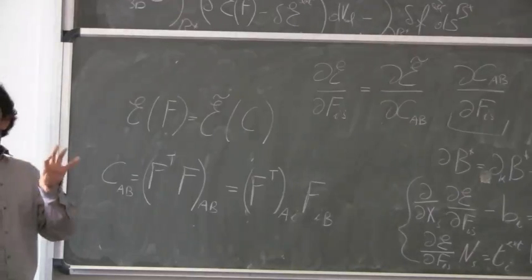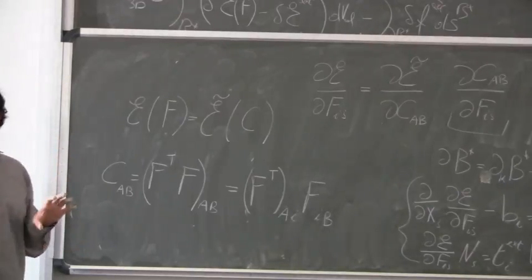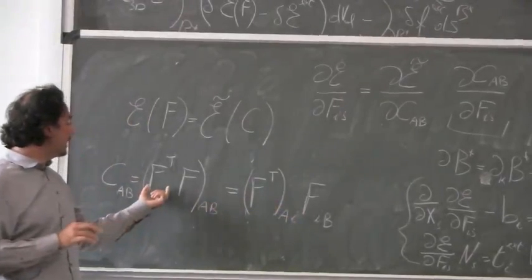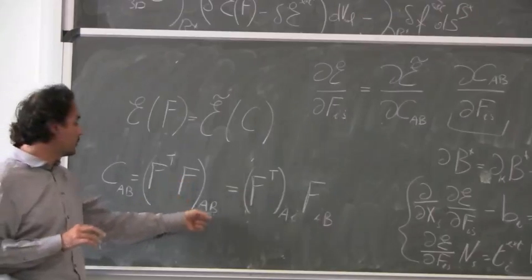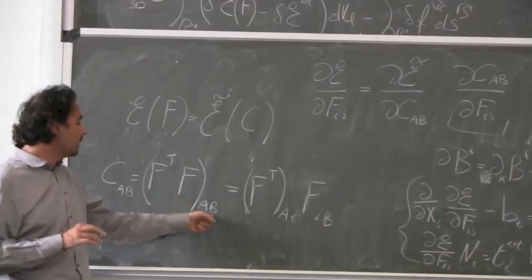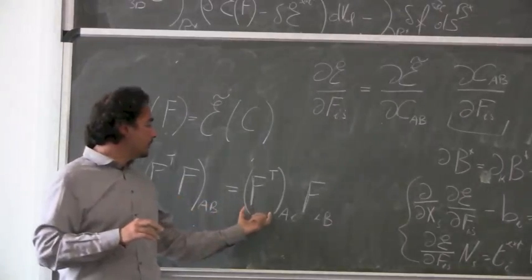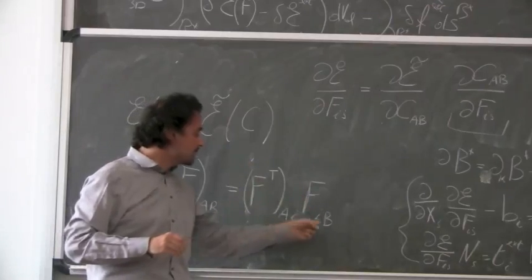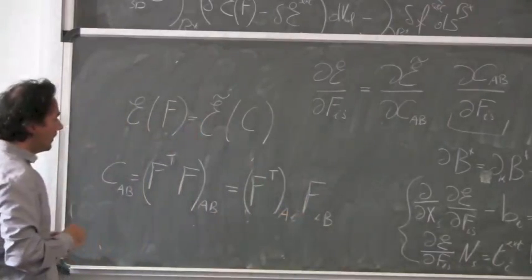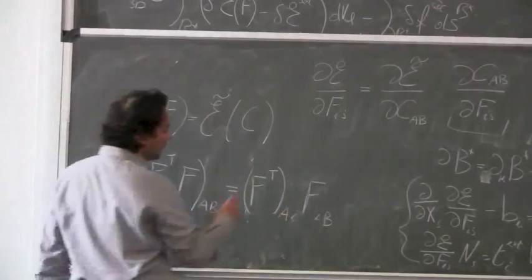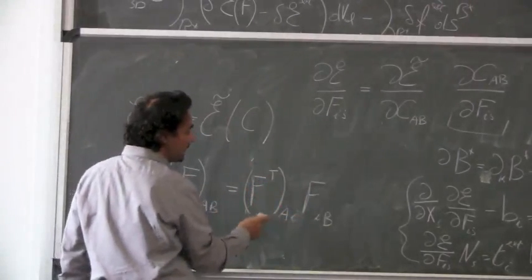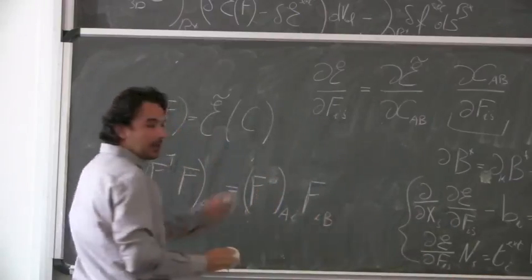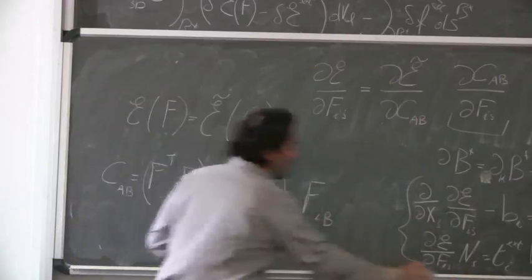If you have two matrices, F transpose and F, and you want to calculate the component AB, you do the row by column product, that is the sum over I. However, F transpose component AI is the same as F in the component IA.